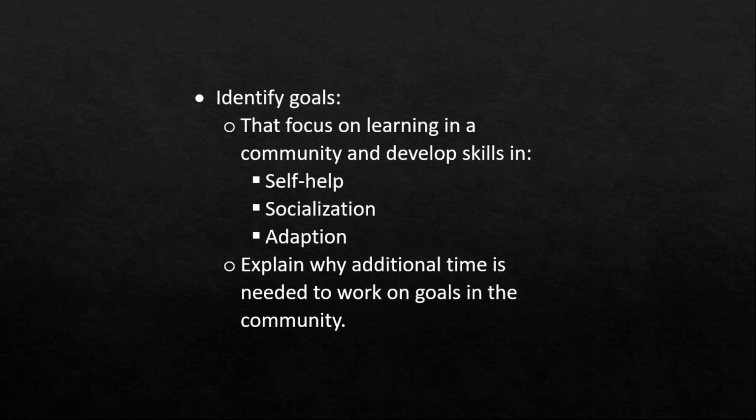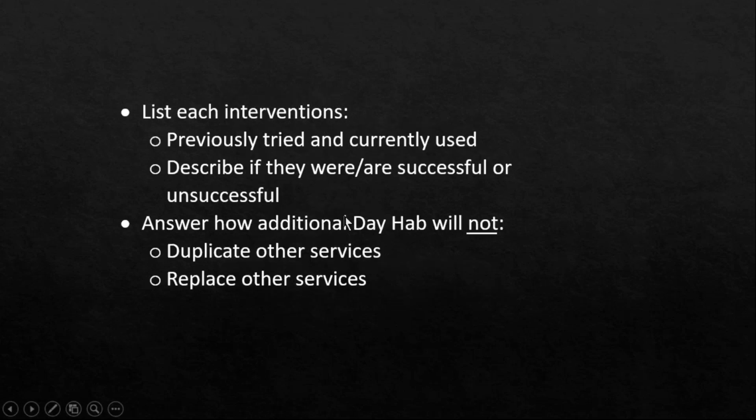The request needs to identify goals, focusing on learning in the community and develop skills of self-help, socialization and adaptation, and explain why additional time is needed to work on the goals in the community. The plan needs to list each intervention, and so intervention is the methods that the staff uses to help that person work on their objectives.